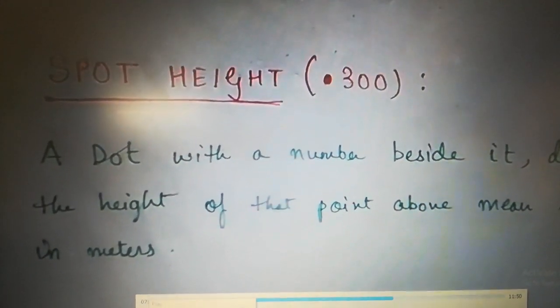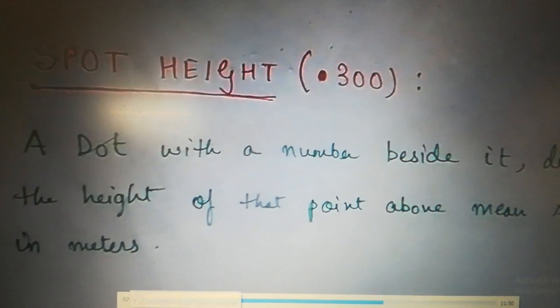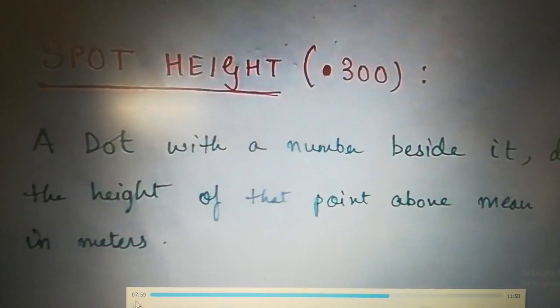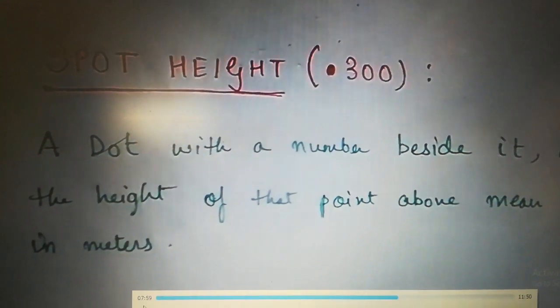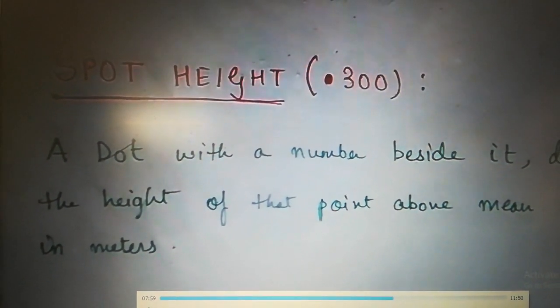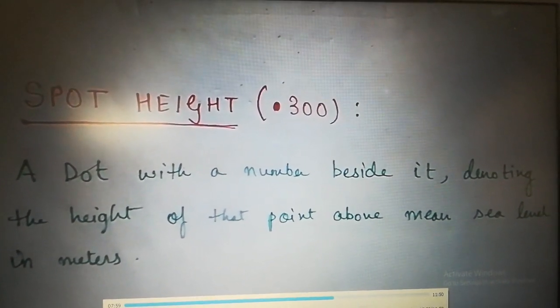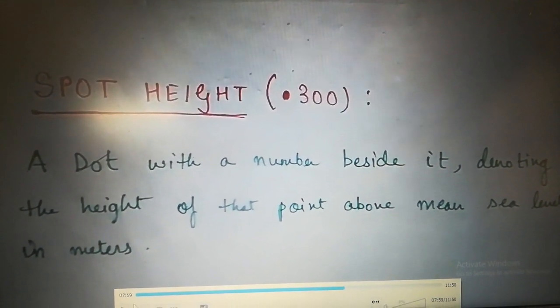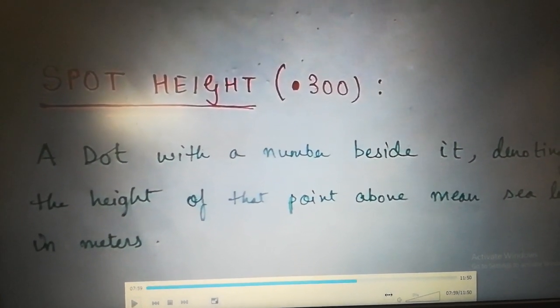See one dot with a number beside it. It denotes the height of the point above mean sea level in meters. I think everybody understood.